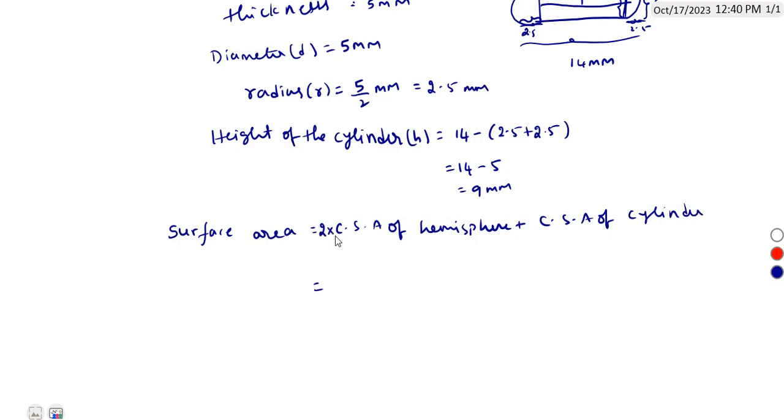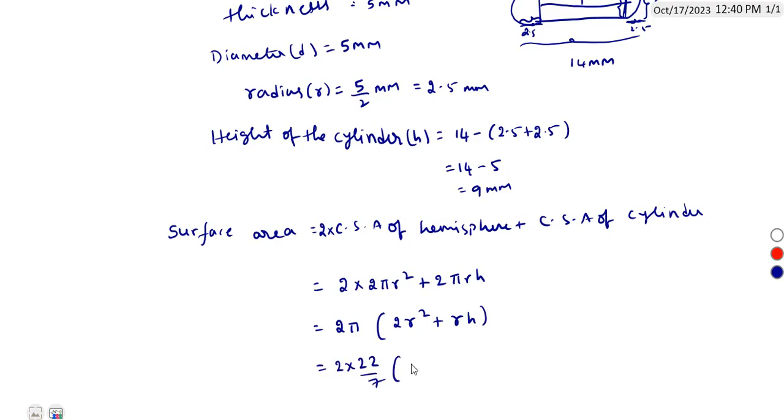So 2 into CSA of hemisphere, 2 pi r square, plus CSA of cylinder, 2 pi rh. Here 2 pi is common, remaining r square plus rh. Here pi is 22/7. 2 into 22/7, and the radius is 2.5, so 2.5 into 2.5 plus 2.5 into h, the h value is 9.